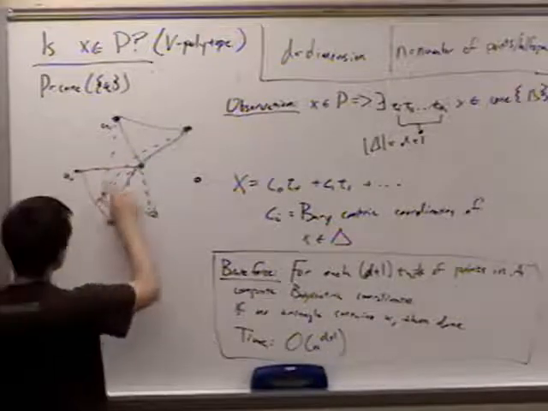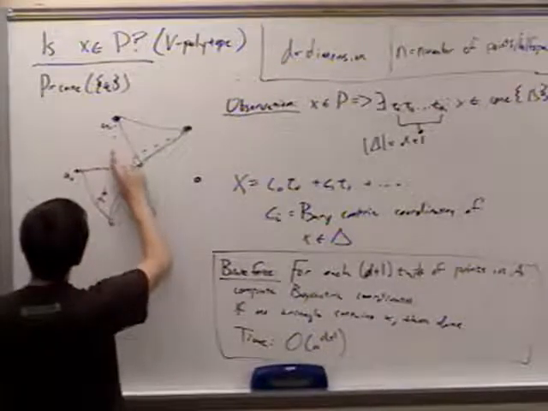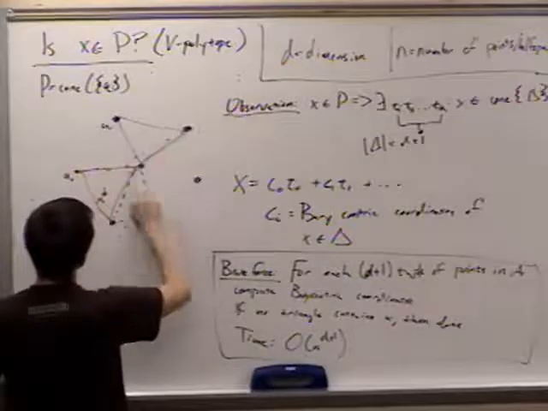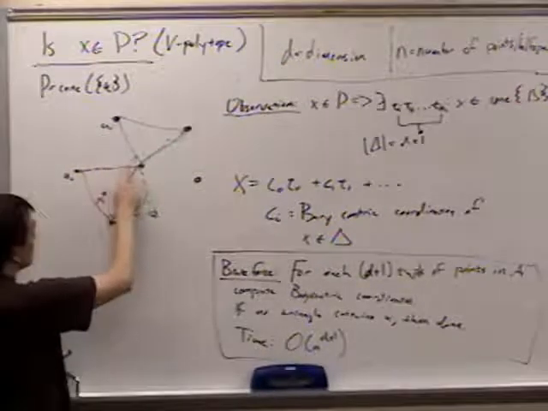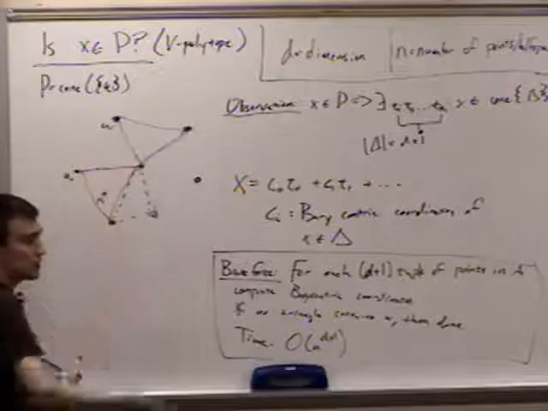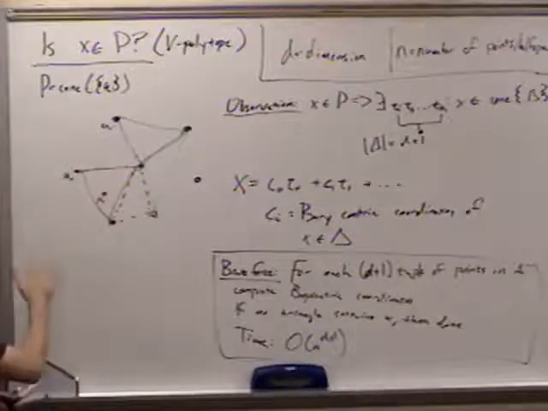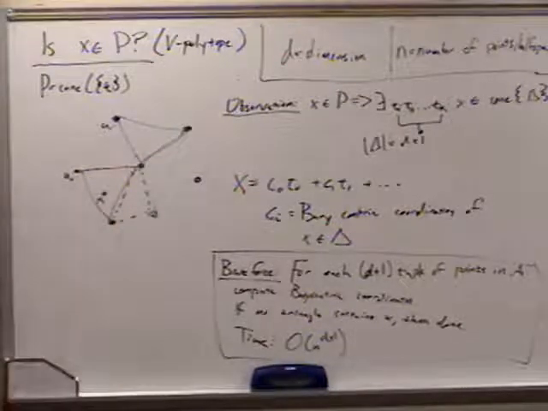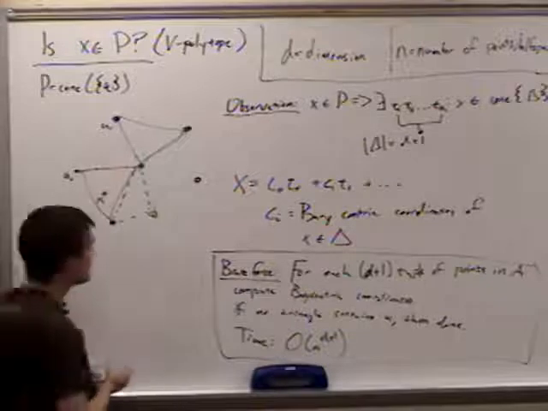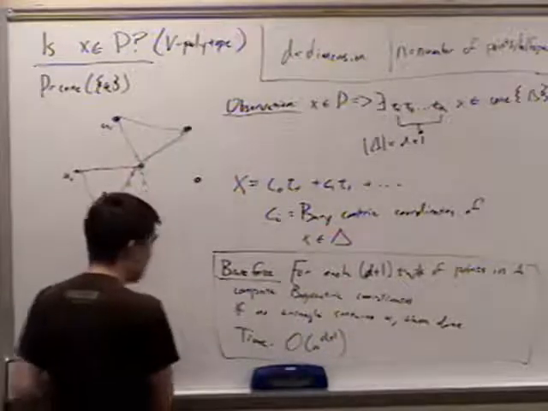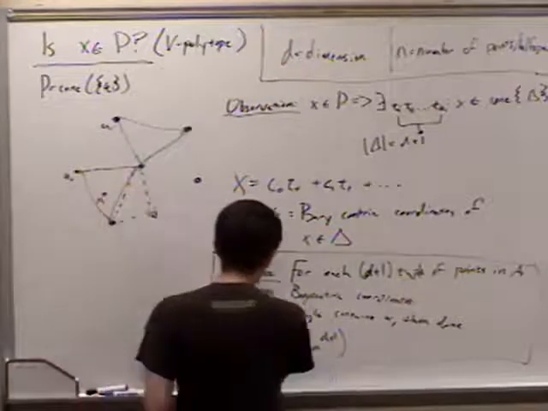So this is the simple gradient descent type algorithm, where we imagine that we start from some initial guess, and then we just keep walking until we finally find a simplex that contains the point that we're looking for. So this is our second algorithm. I'm going to write this out here.